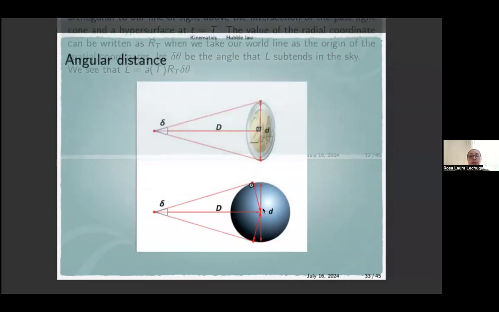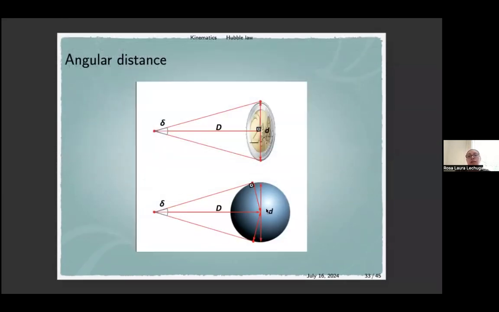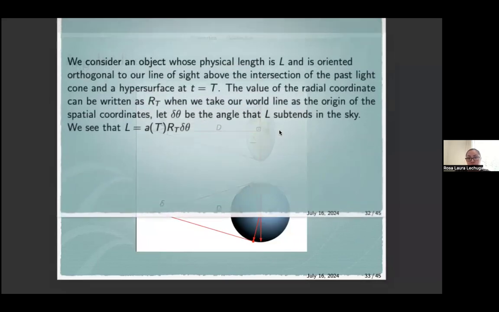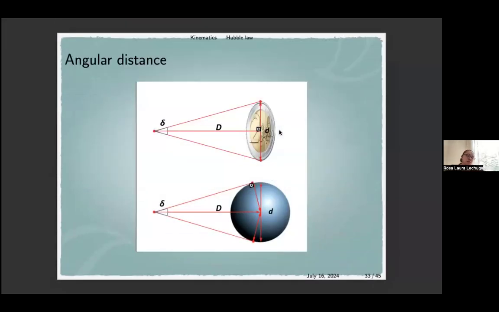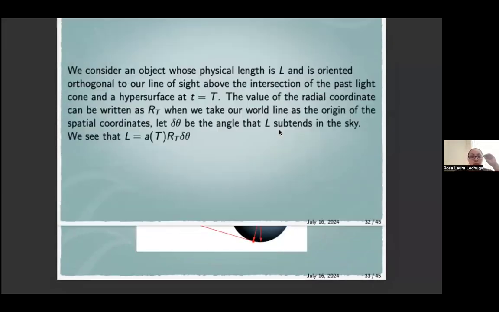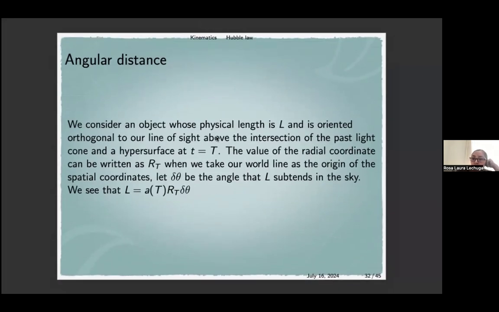For example, I have a picture here that is similar to the arc we work with in many physics classes. As I did with the redshift, I'm going to introduce this quantity using a physical object.